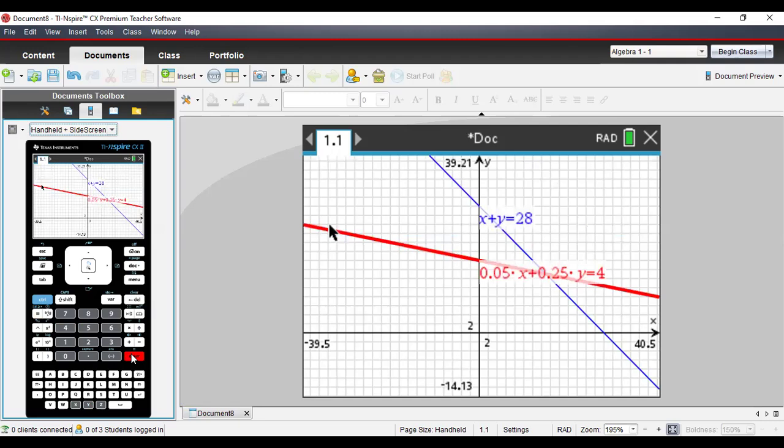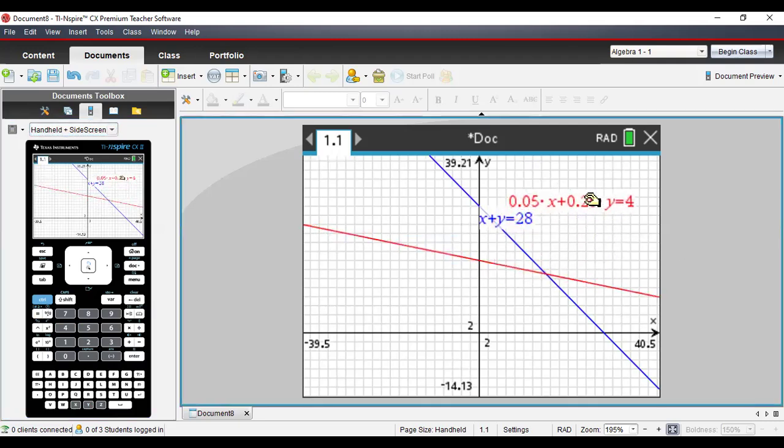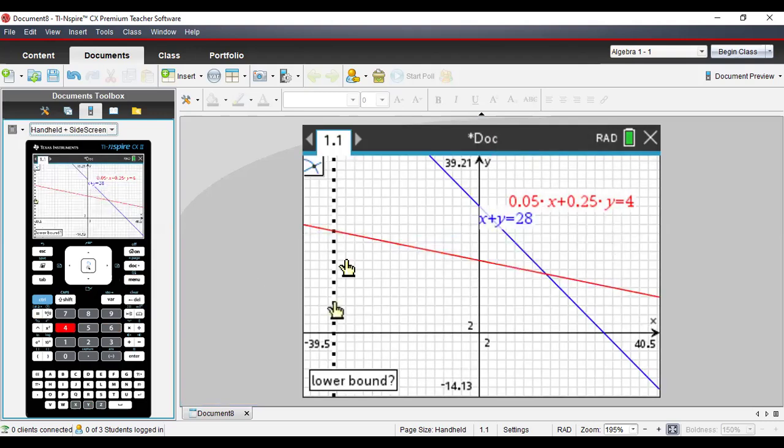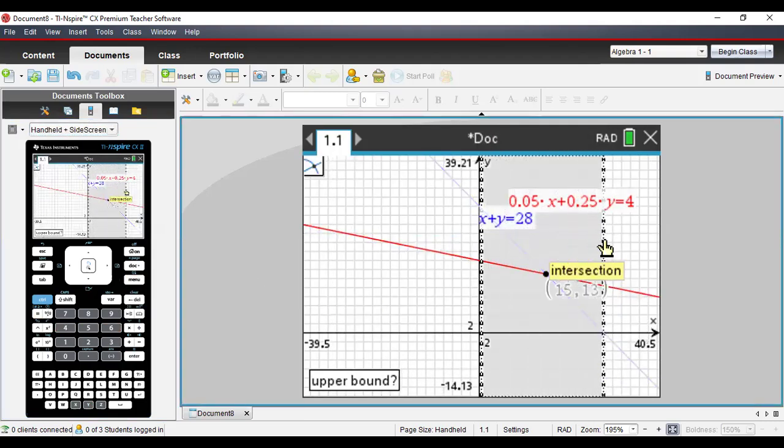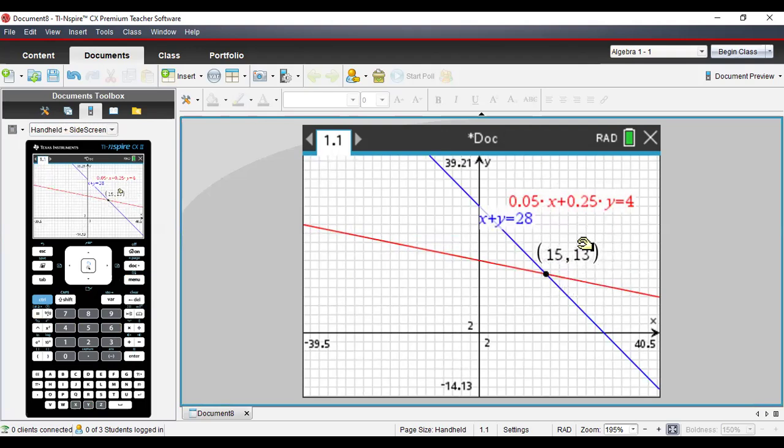Then I press enter, and there's my equation. The answer is the intersection, which tells me the number of nickels and quarters. I'll do menu 6, 4, start here, go here, boom. It tells me there were 15 nickels and 13 quarters.